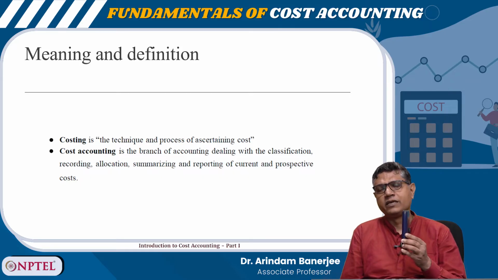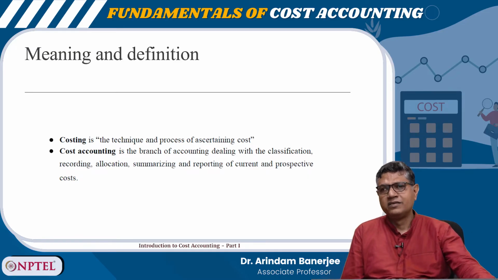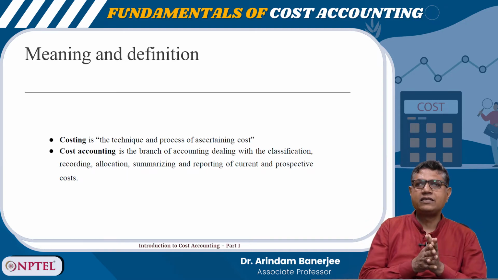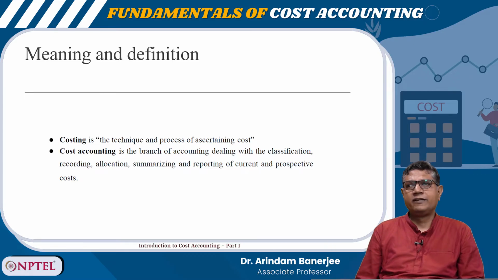The pricing should include some amount of profit element in it. To understand the profit element in this mobile, it must know the cost of production of this mobile. So, cost ascertainment, as accurate as possible, is very, very important.